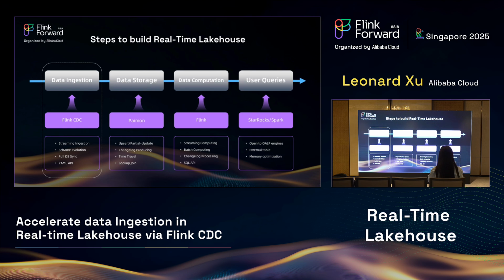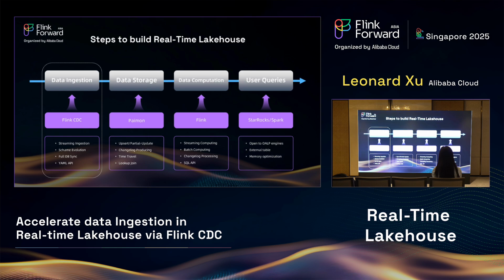We can recap how to build the entire real-time Lakehouse. The first step is the data ingestion part: how to ingest data from the message queue and from your business database. The second part is data storage. You need to choose a lake format like Paimon, which is good at changelog support.